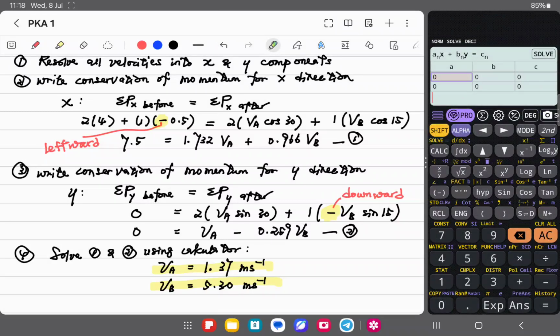So put in A is 1.732, B is 0.966, and 7.5 is C. Second equation, I have 1, negative 0.259, and 0. Then my first unknown is the value of VA. So my VA is 1.37 meter per second. The second unknown, y in the calculator, represents VB. So my VB is 5.3 meter per second.